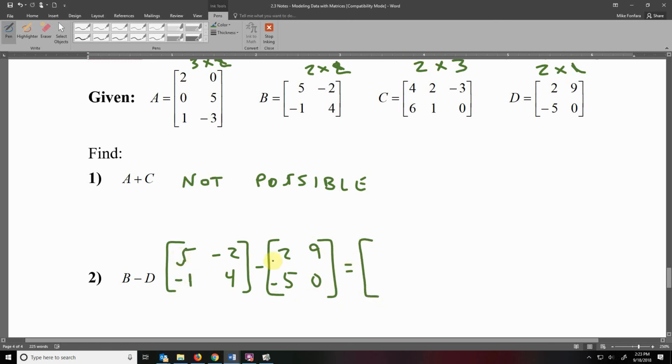Okay, so we've got 5 minus 2, -2 minus 9, -1 minus -5, so that's -1 plus 5, and 4 minus 0.